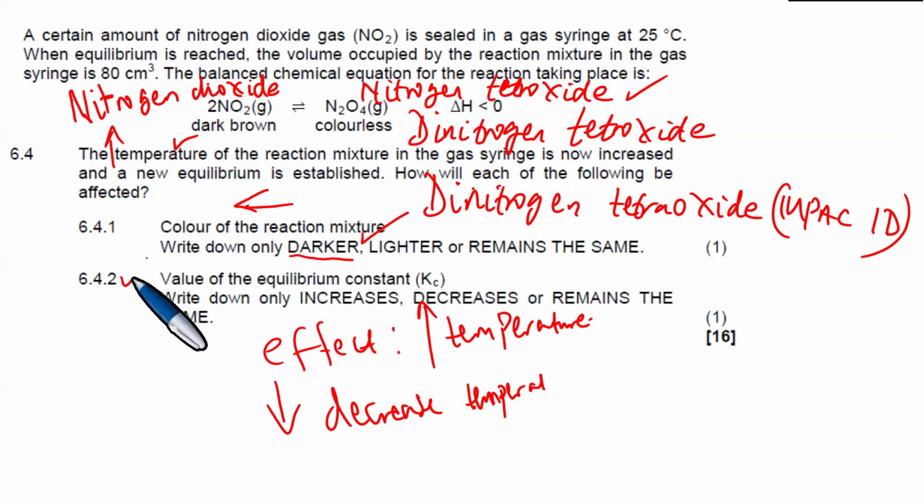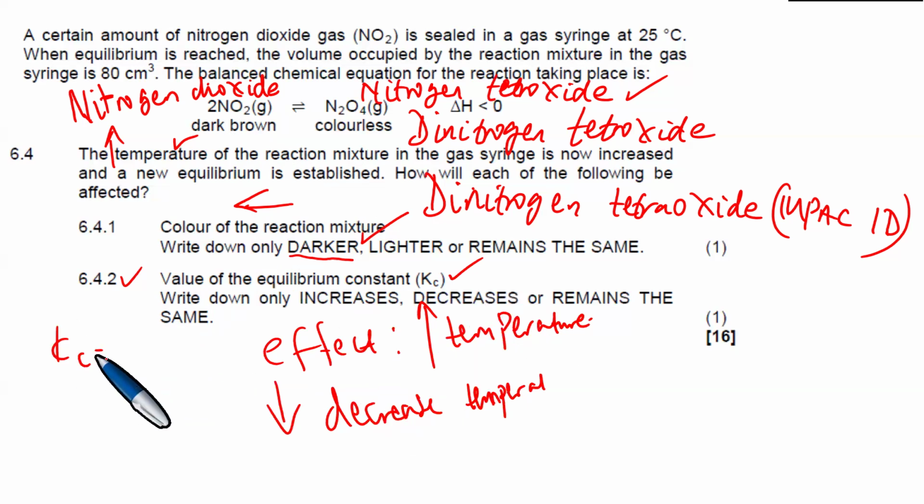Now, if you look at 6.4.2, value of the equilibrium constant Kc. How will the Kc change in this case? If you increase the temperature, would Kc increase, decrease, or remain the same? Let's check.